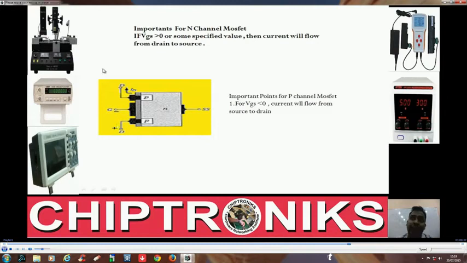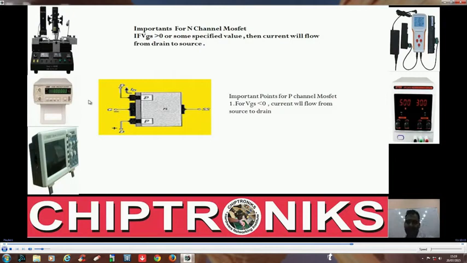In the N channel MOSFET, current flows from drain to source when VGS is positive, whereas in a P channel MOSFET, when VGS is negative or some specified value, that specified value is written in the data sheet. You'll always see VGS written in a data sheet. So if VGS is negative in a P channel MOSFET, then current will move from source to drain. That means the input is connected to the source and the output is connected to the drain.